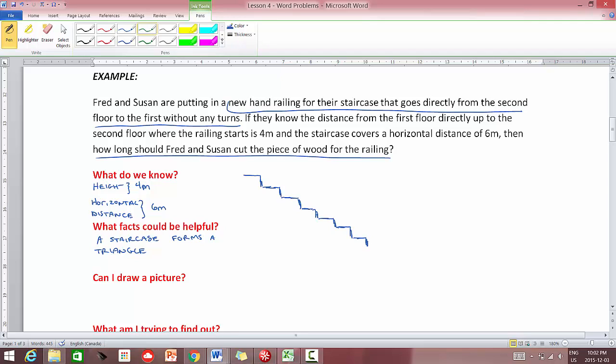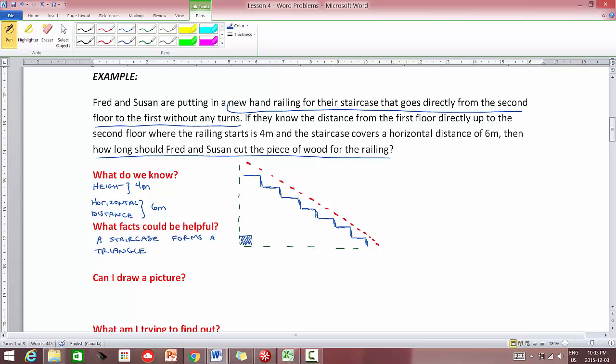Within the staircase, it has a horizontal distance across the bottom, so that's the floor, and it has a height. What they're saying is that the top of this railing, we'll draw another line here, is what they want to find out. So look at that, there is your right angle triangle.